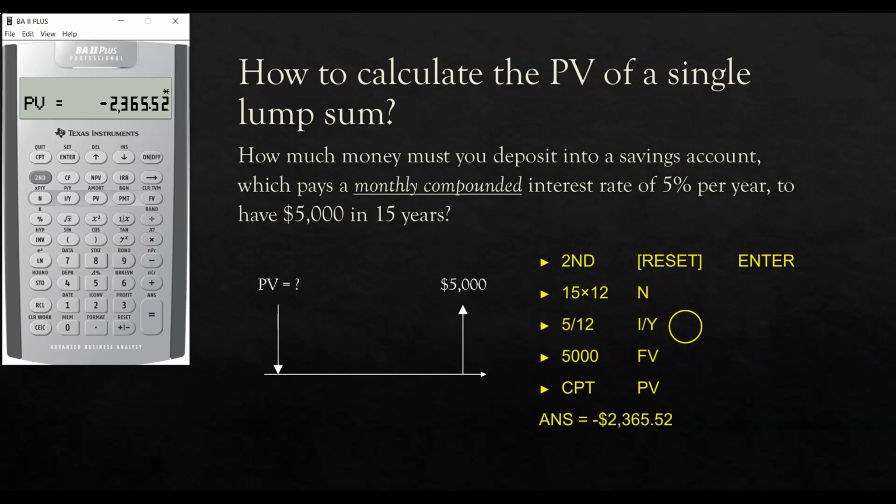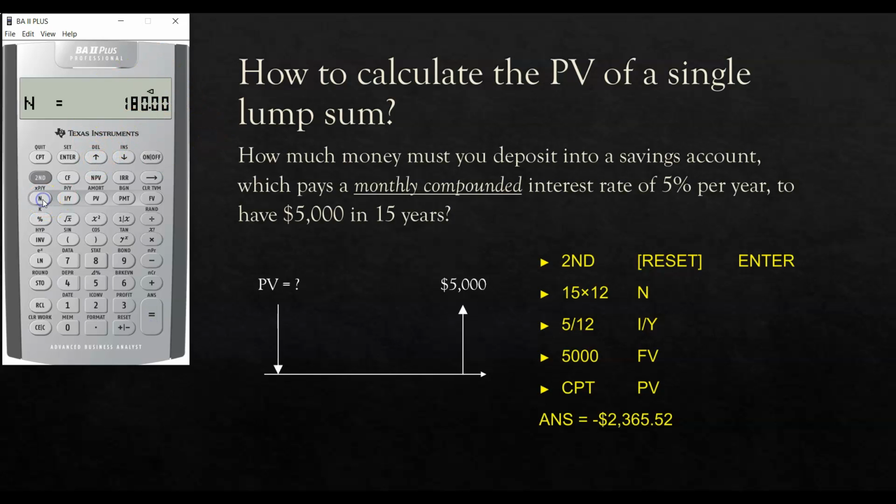So let me actually show you that, right? If you use my way here, you would do second, reset, and enter, right? And then for N, what you want to do is 15 times 12. Hit the equal sign here. So on the screen, you should see 180.